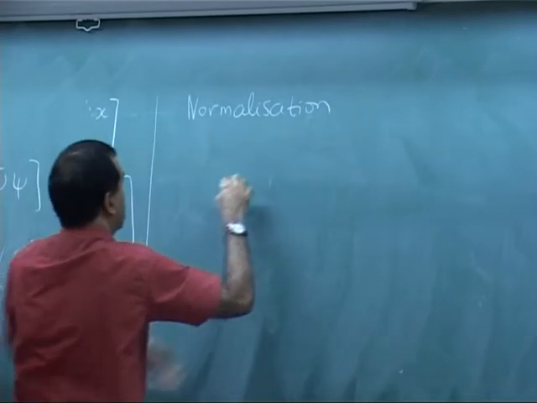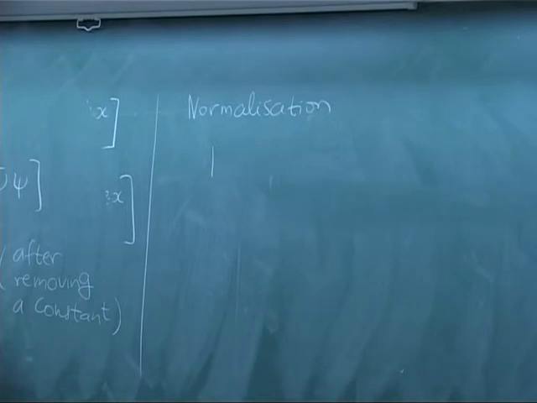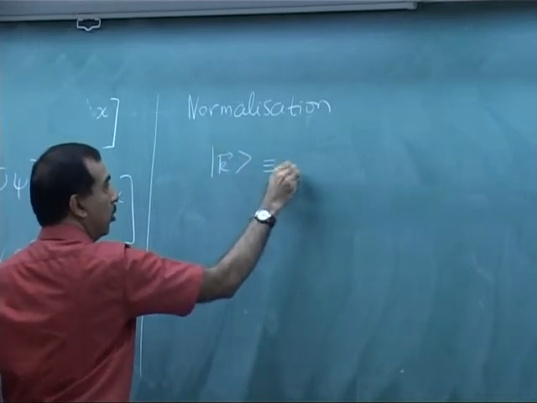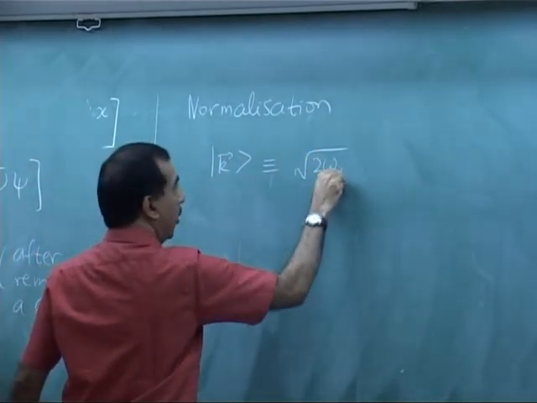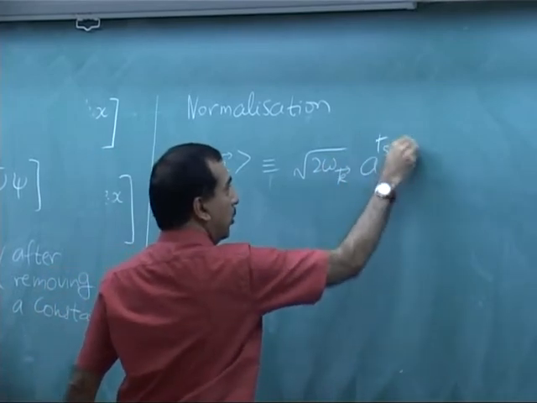Just as we did for bosons, the one particle state is defined as root 2 omega K, A K dagger on 0.